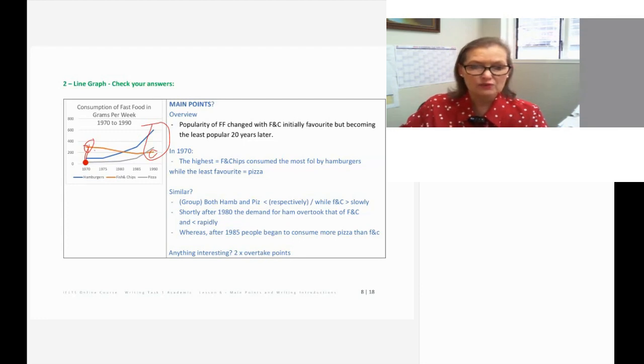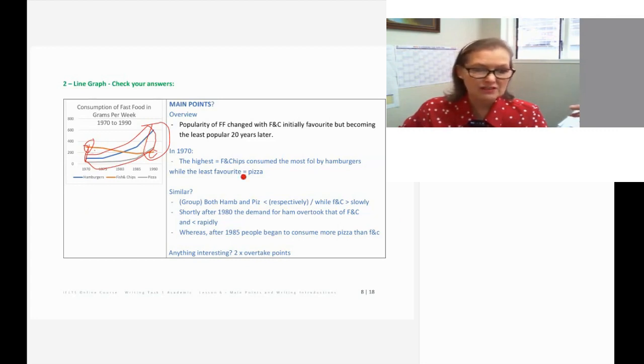And then we could group both the hamburger and the pizza because we've got a similar upward trend here. Although the one goes up more than the other, we could still describe a similar trend. So we could say that both hamburgers and pizza, the amount consumed increased from, to, and we're going to use that little word respectively.